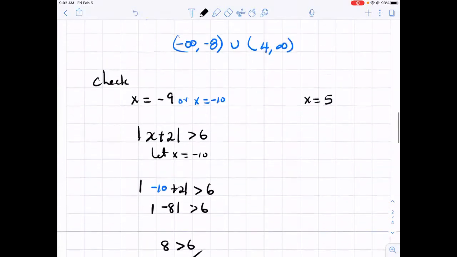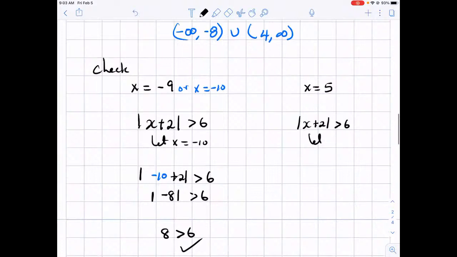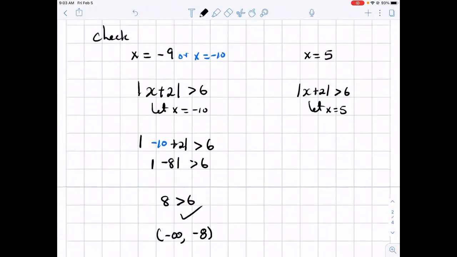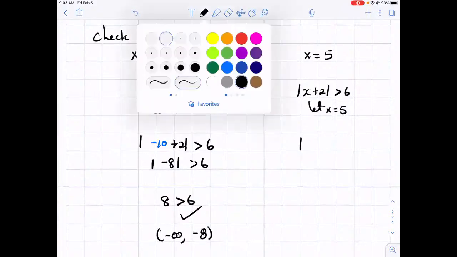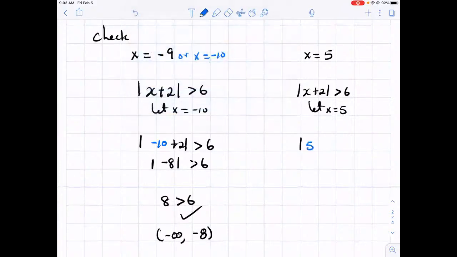And also, if you try 5, the absolute value of x plus 2 is greater than 6. Remember, let x equal 5. And if we try this, we have the absolute value of 5 plus 2 greater than 6.